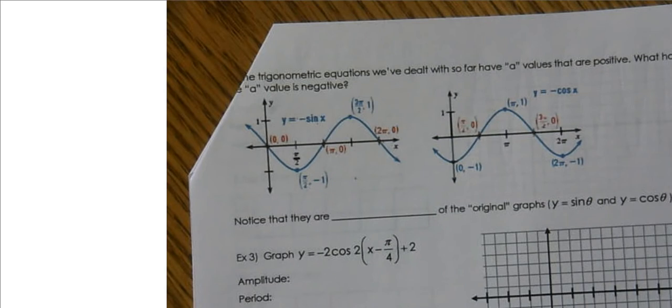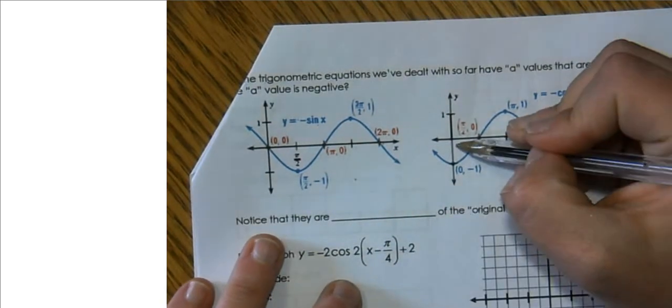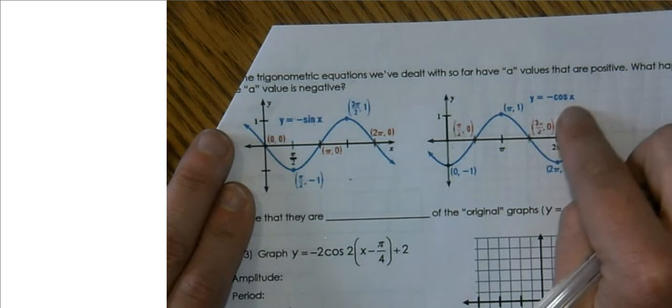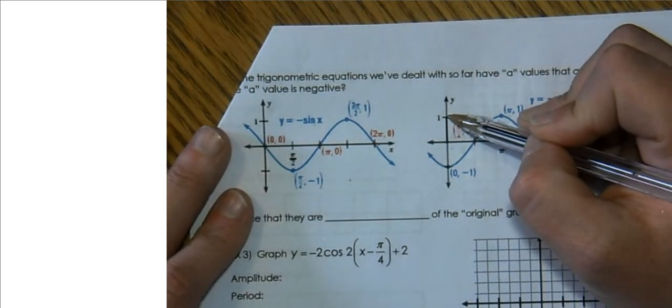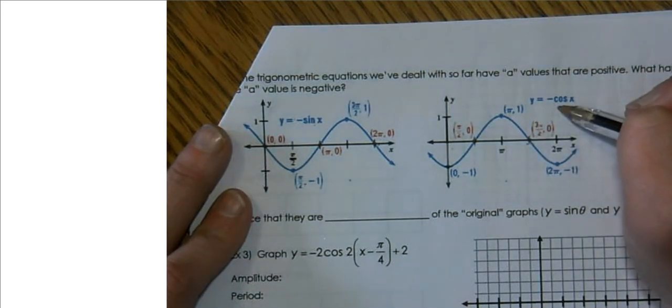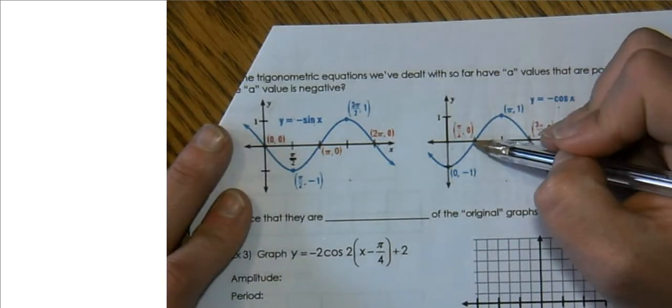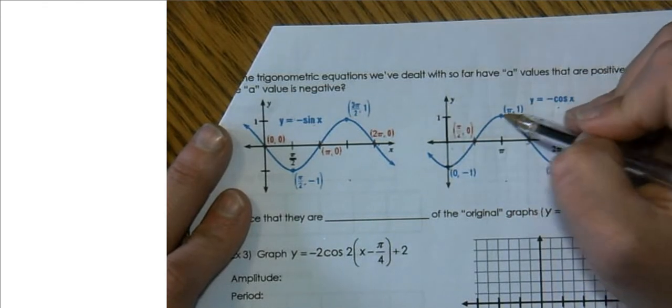Our wave has flipped compared to what it usually does. So it's a reflection. Even with cosine, this is a cosine function with a negative a value. Normally cosine starts up here at 1 and it goes 1, 0 down, 0 up. Instead, this time we start down here at -1. So down, 0, up, 0, down.